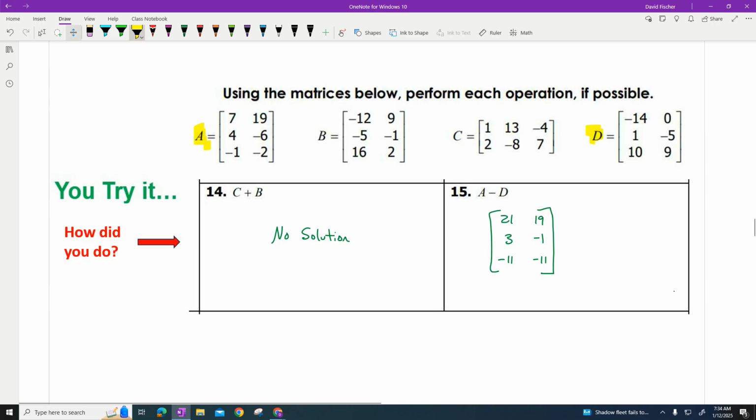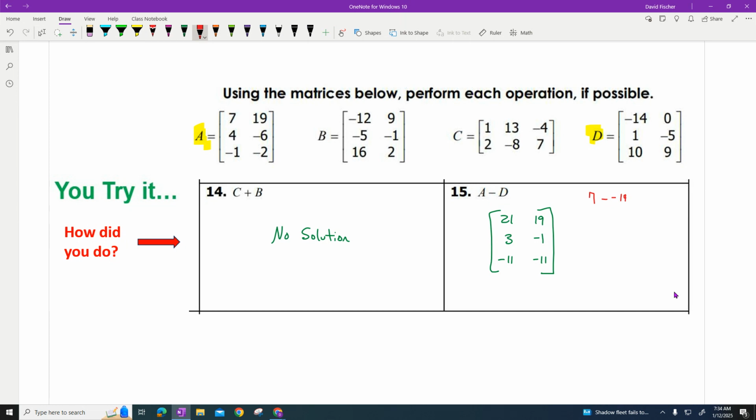Oh, it's A and D. I'm taking this one and subtracting D. So it's 7 minus minus 14. So when I did it, I did 7 minus minus 14 because it's A, and subtraction order matters. This number, A, minus minus 14, because I have a minus in the thing. And I took 4 minus 1, it's 3.